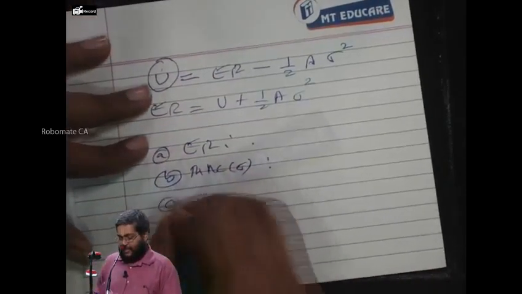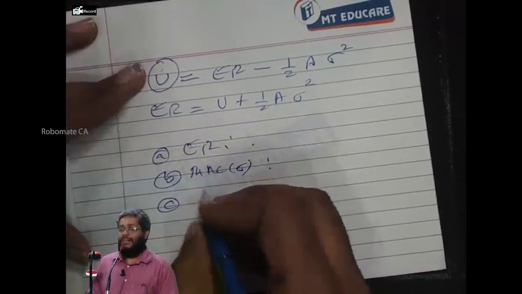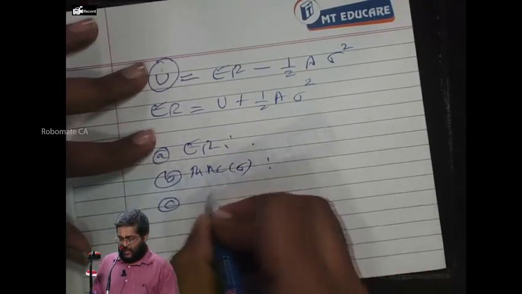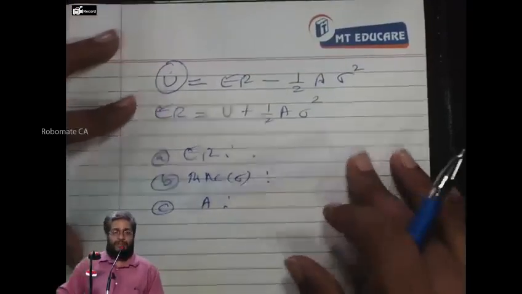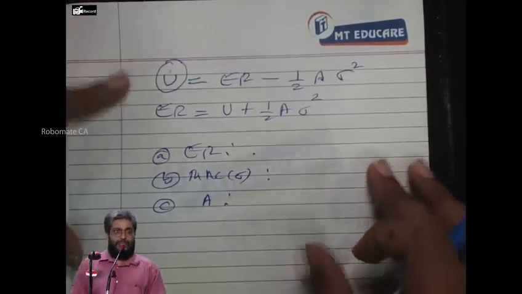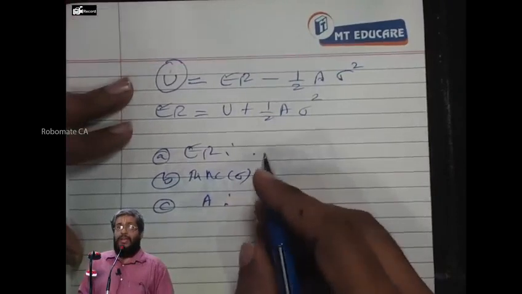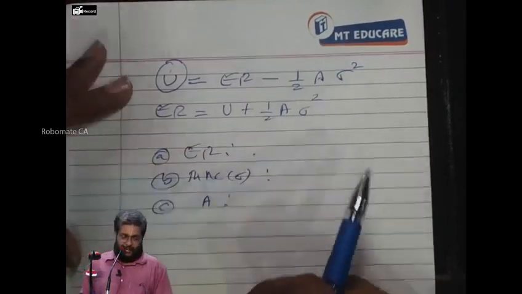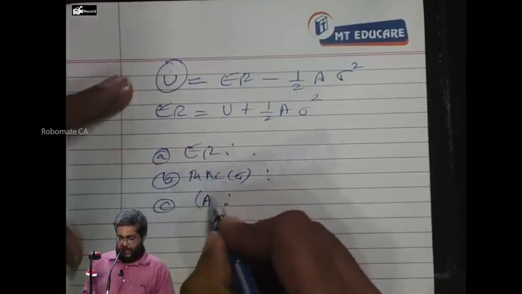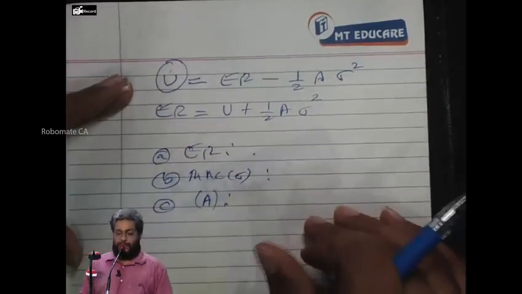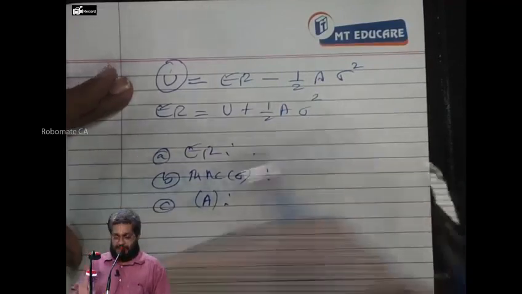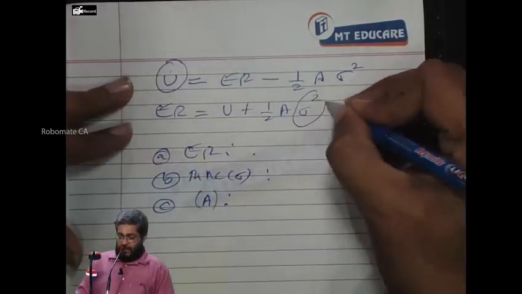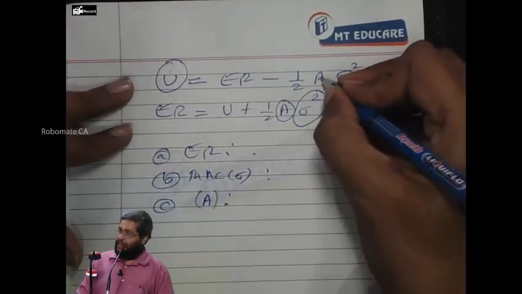Next, point C. Risk aversion, denoted A. If the aversion is higher, that is, A is higher, understand what I am saying?